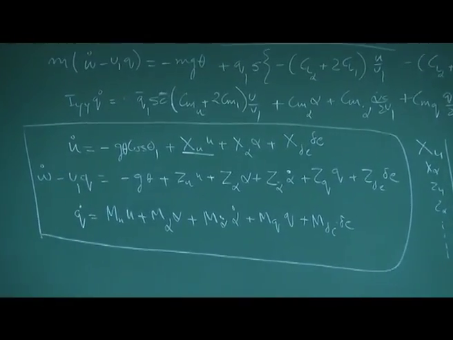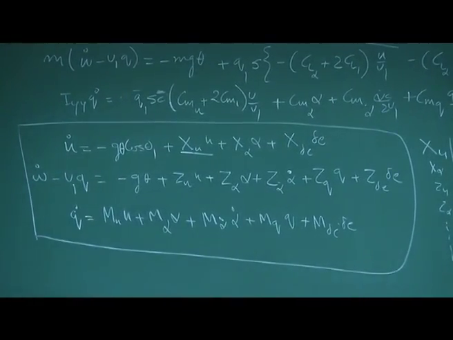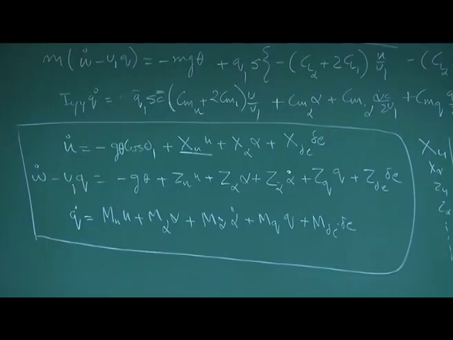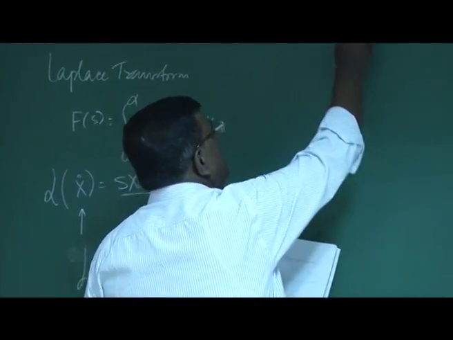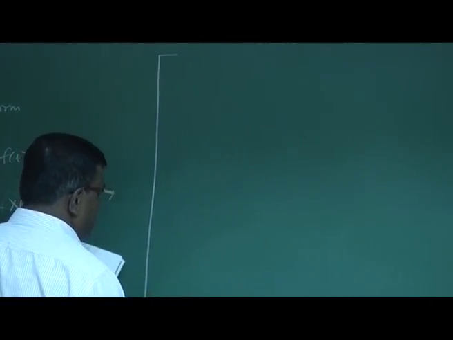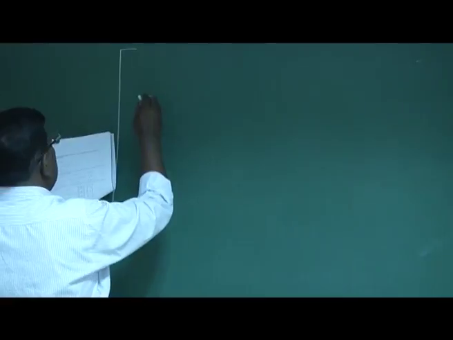Take the Laplace transform of the second equation and the third equation, and then you can finally write a neater form of the equations in matrix form. Once you take the Laplace transform of all three equations, let me write what you will get.